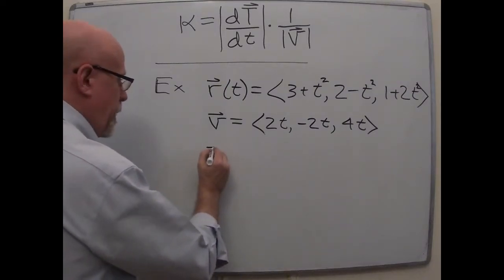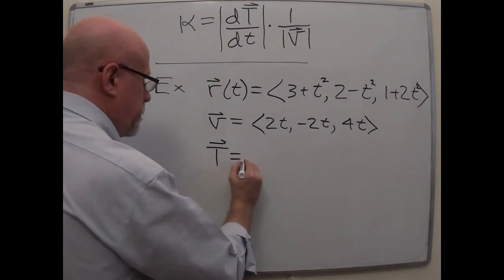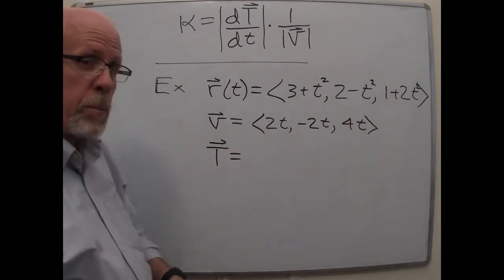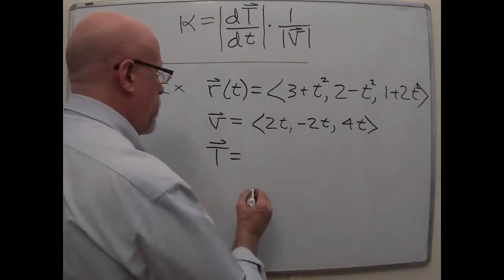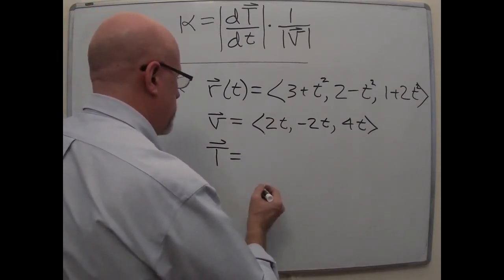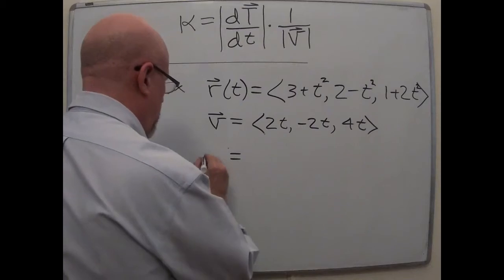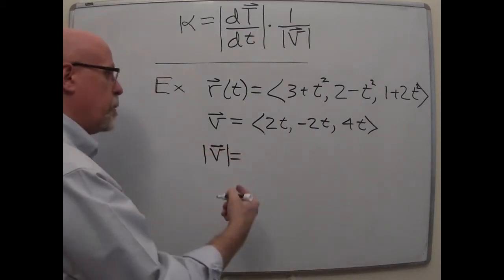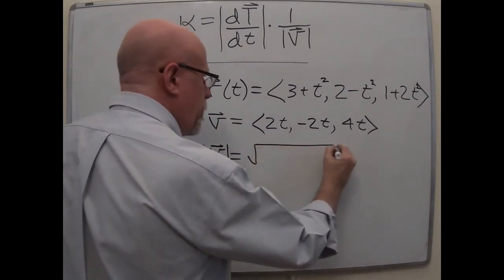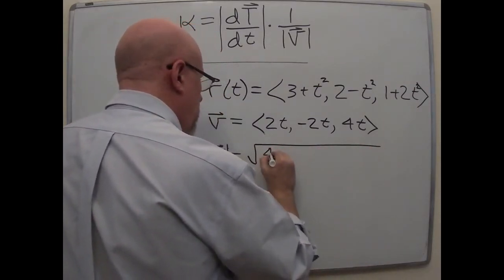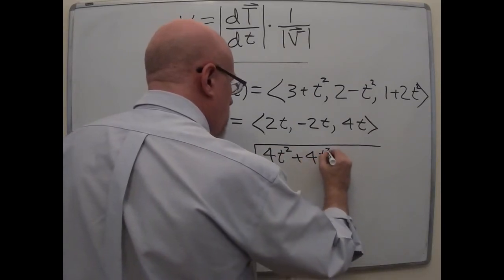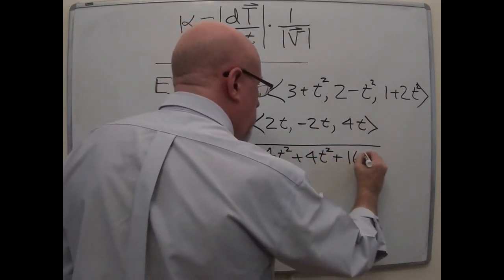What would we get for our tangent vector now? Well, I need the length of this thing, and the length of this thing now involves the parameter t. So, well, maybe let's do a separate calculation of that. What is the speed as a function of time along this curve? It'll be the square root of the sum of the squares, which are 4t squared plus 4t squared plus 16t squared.